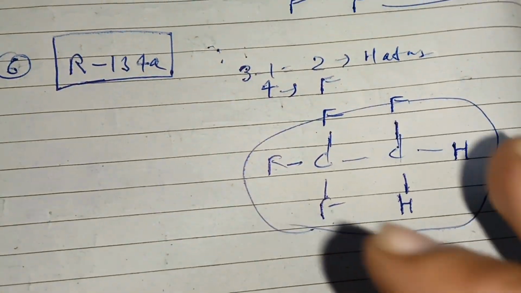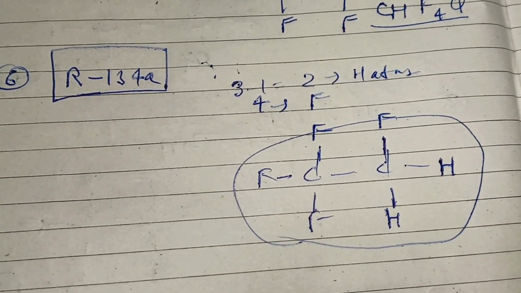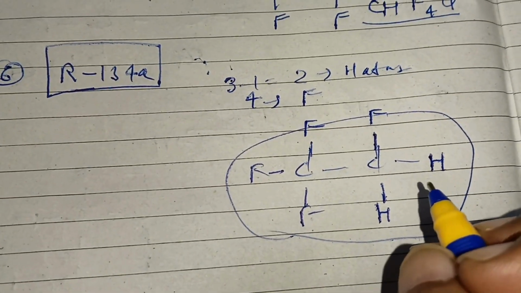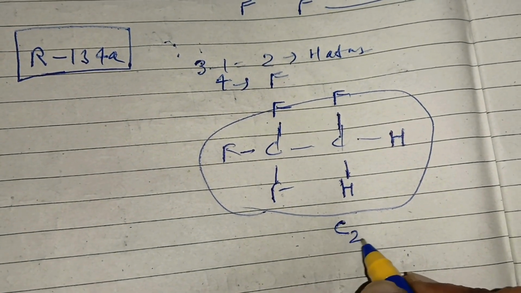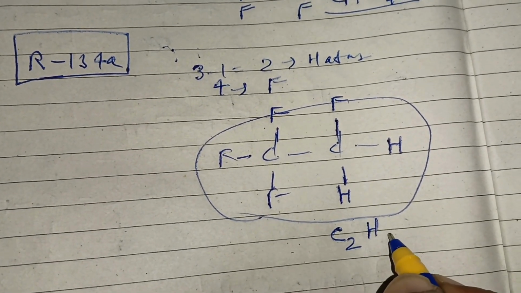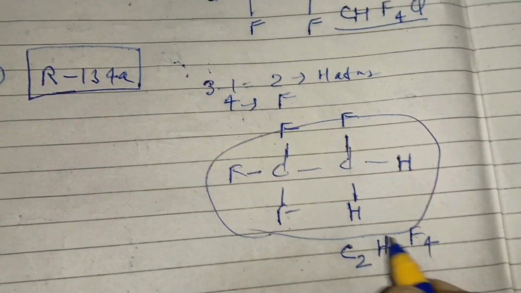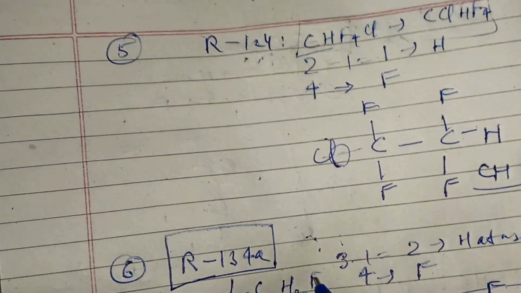There are no vacancies for any chlorine. Chlorine always comes into the picture whenever there is a vacancy, so all the remaining vacancies are taken by chlorine. So here you got the formula: C2H2F4. This is the formula.